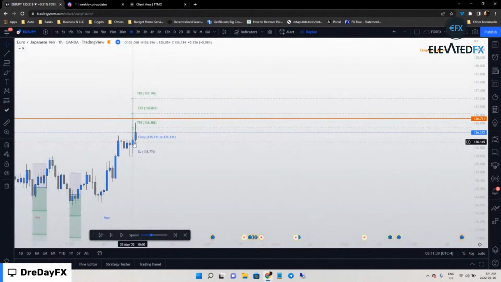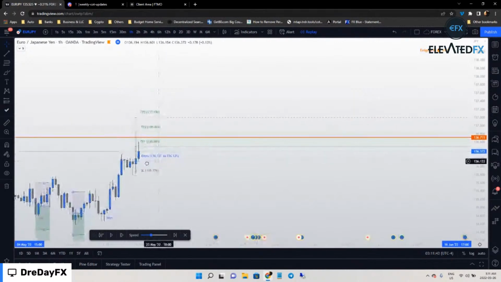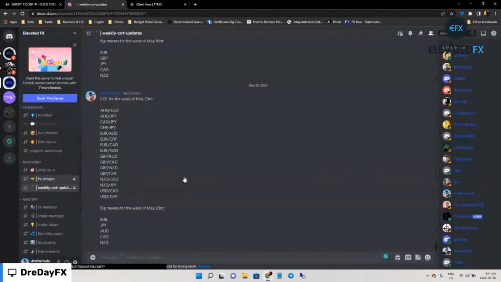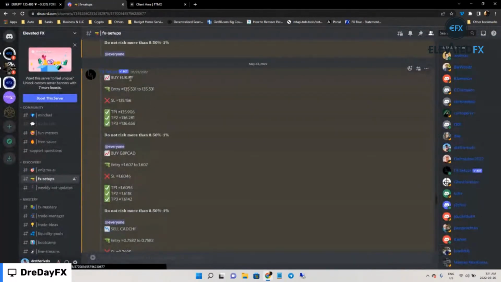So now we have a setup here for buy. That's the exact information that we have here. As you can see, you have the entry price, you have the stop loss, and the TP zones.